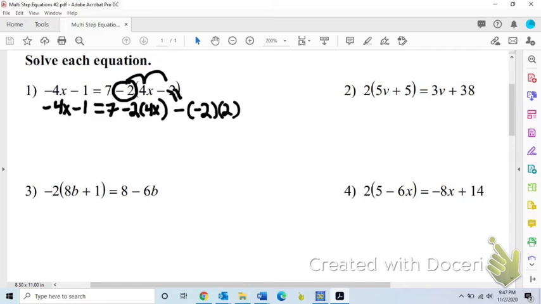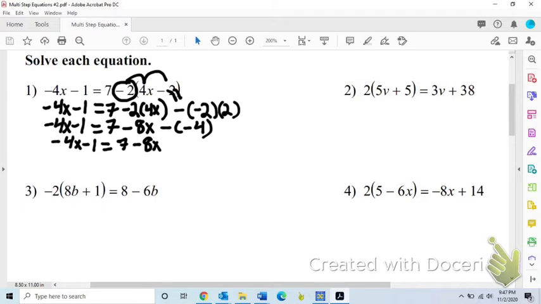So we do the multiplication. -2 times 4x gives us -8x. Bring that negative down, and then we have -2 times 2, -4. Clear everything up. -4x minus 1 equals 7 minus 8x.